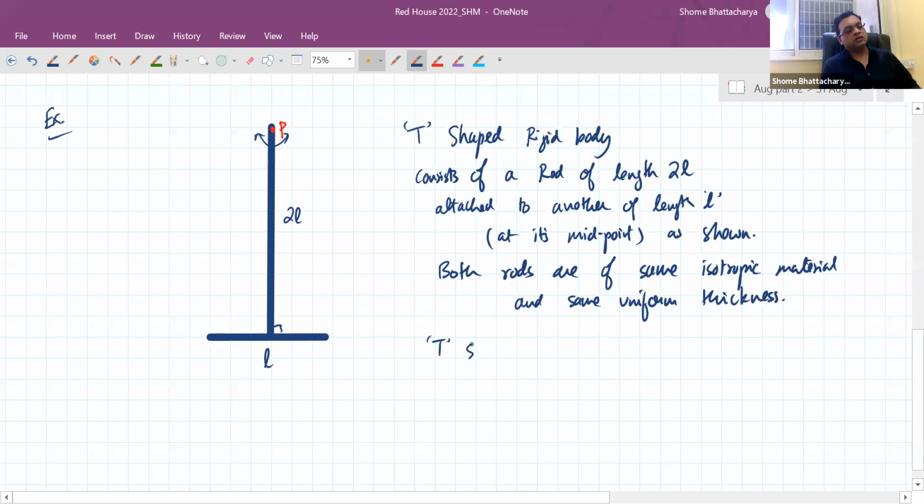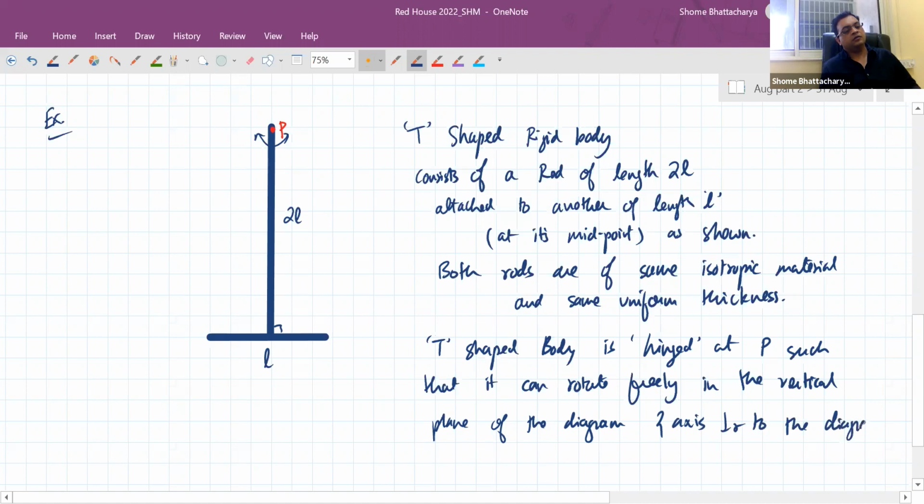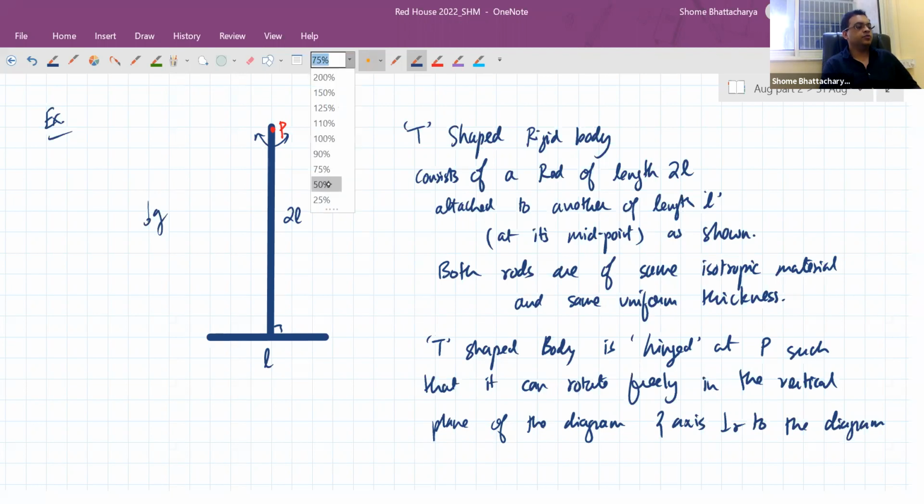Now this T-shaped body is hinged at P such that it can rotate freely in the vertical plane of the diagram. That is, the axis is perpendicular to the diagram. Okay. So you have to find the time period for small oscillations.